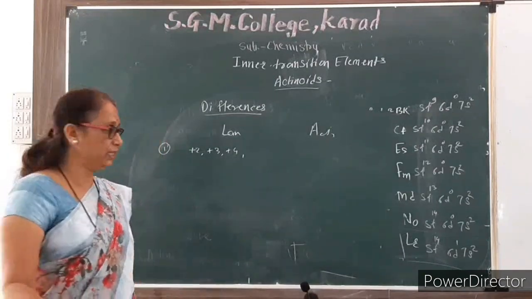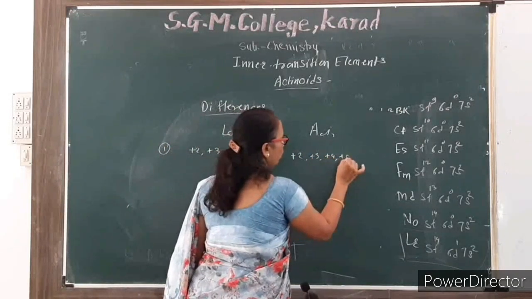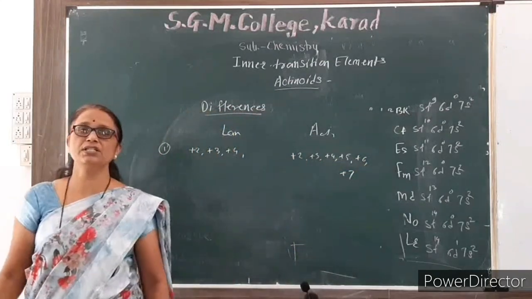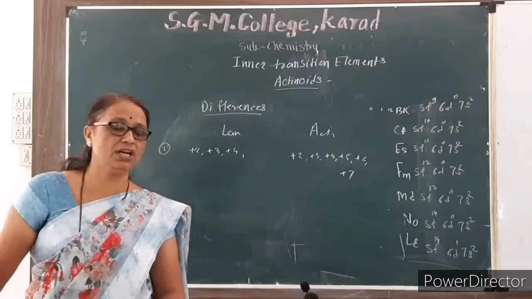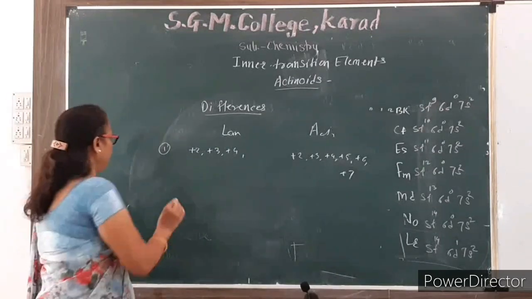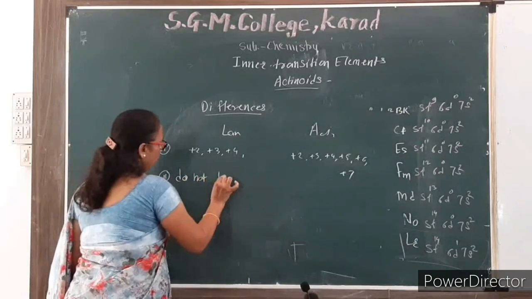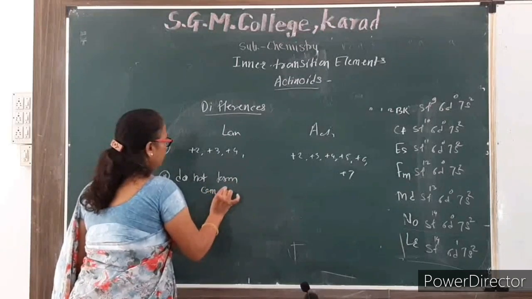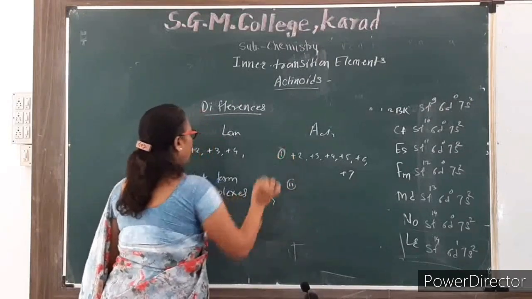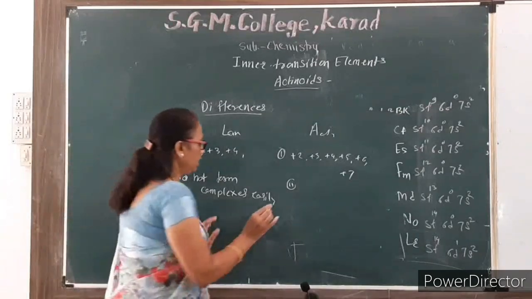But in actinoids, +2, +3, +4, +5, +6 up to +7 oxidation states are possible, that is, more oxidation states are possible. Lanthanoids do not form complexes, that is coordination compounds, easily, but actinoids can form complexes easily with ligands.